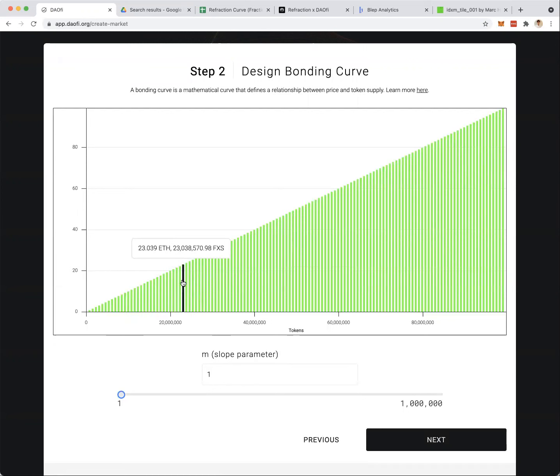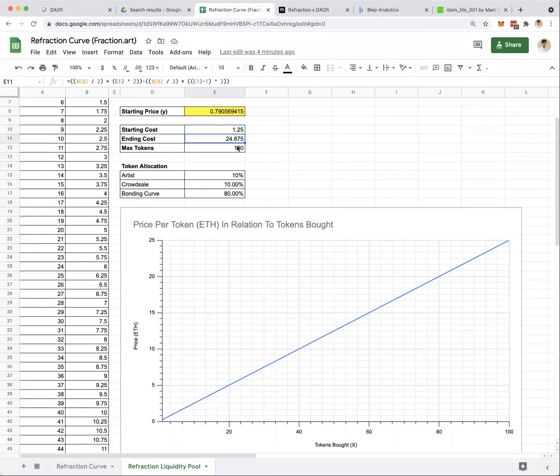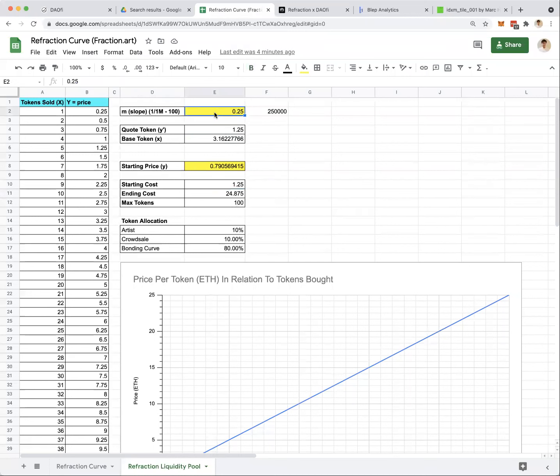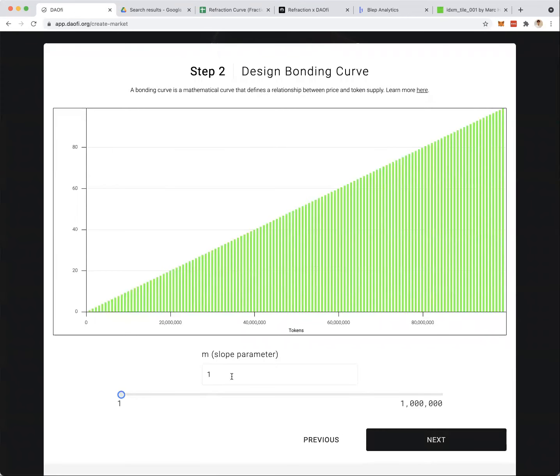The front end, by the way, multiplies the actual slope value by 1,000,000. So if you want a slope of 0.25, y equals 0.25x, you actually have to multiply it by 1,000,000 and then input that value into the site.